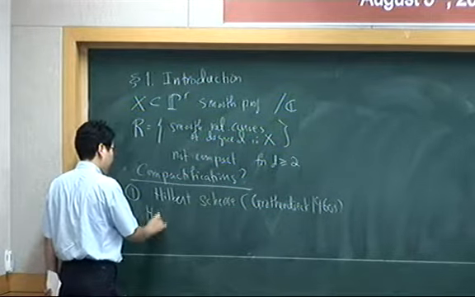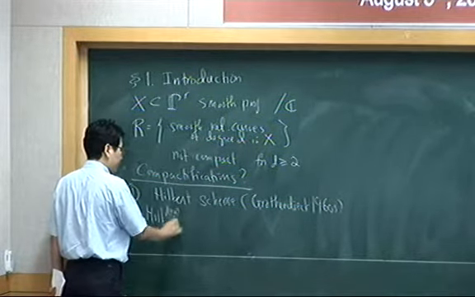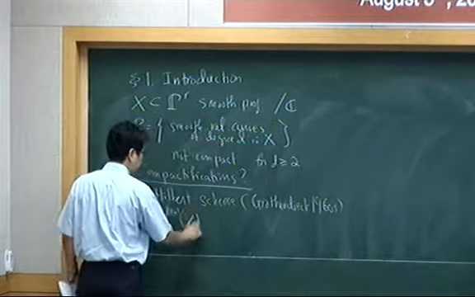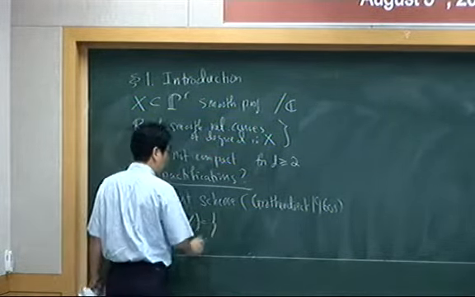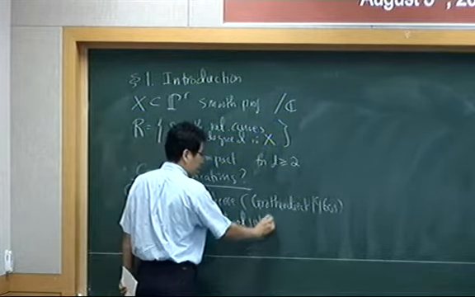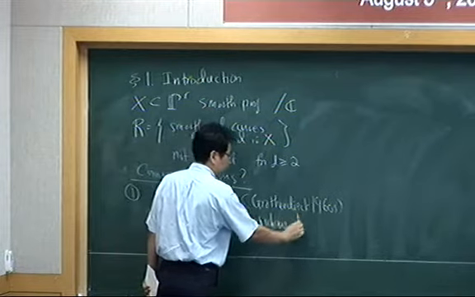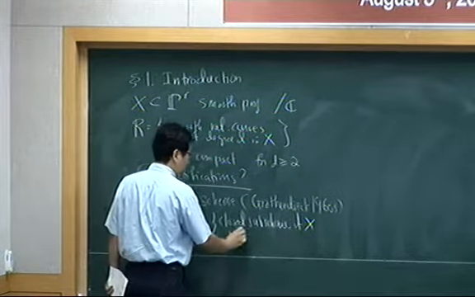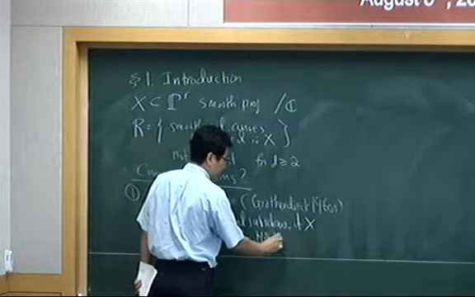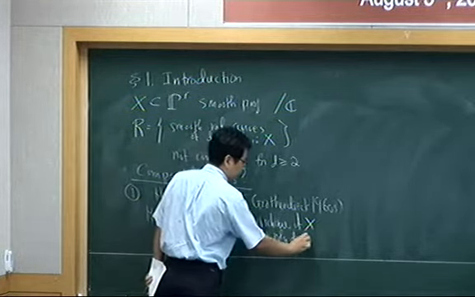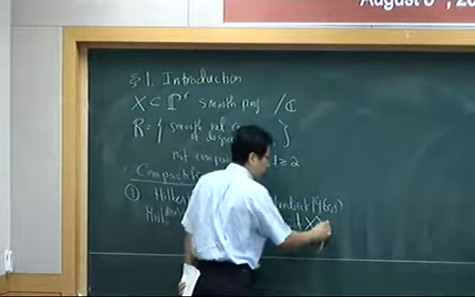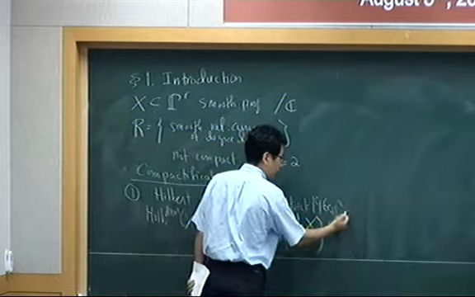You think about all possible ideal sheaves of the structure sheaf of X, or what is the same thing, the closed subschemes of X with fixed Hilbert polynomial, in this case dm plus 1. And Grothendieck proved that there is a projective scheme structure on this set.